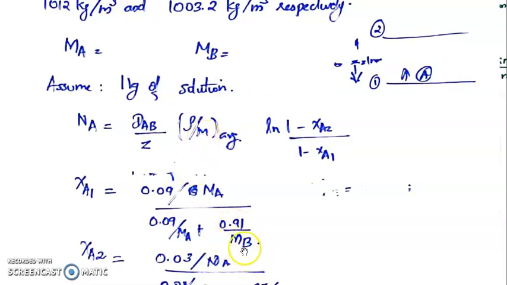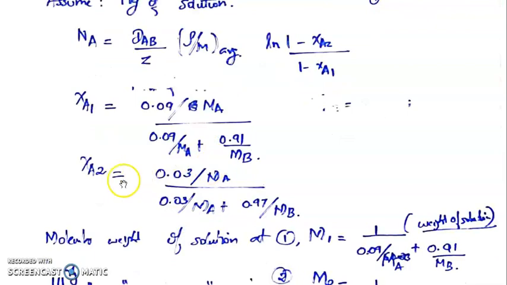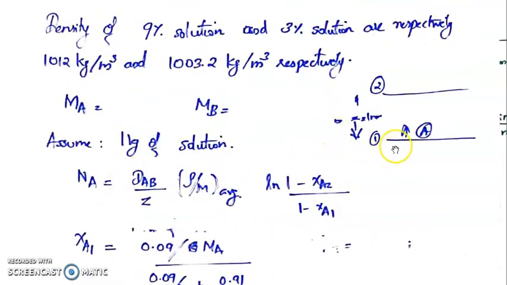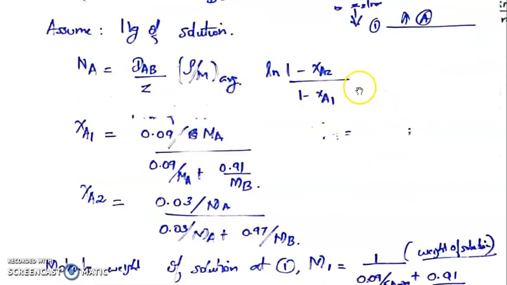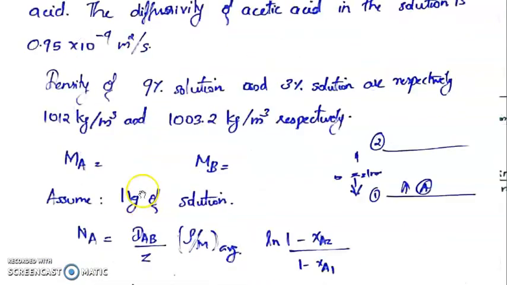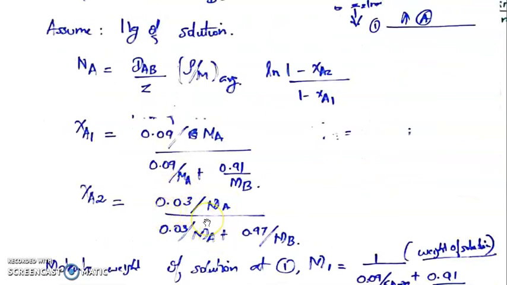Divided by its molecular mass MB, this will give you the number of moles of B. So I have the number of moles of A and B at location 1, and XA1 is equal to whatever value you obtain here. Similarly, you can find XA2, the mole fraction at location 2, using the moles present at location 2. That means instead of 0.09, it will have 0.03 kg of acetic acid. So similarly, you find XA2 also.